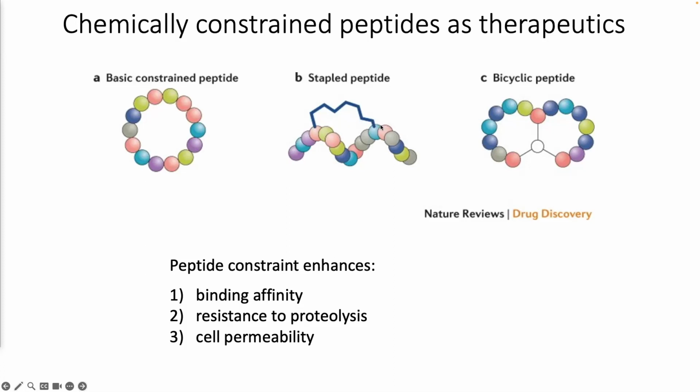And as well as being used to enhance the peptide's affinity for its target, peptide stapling has a number of other advantages. It increases the peptide's resistance to proteolysis, and this is, of course, very important if it's going to be used as a drug. And it can make peptides cell permeable, and that's very important where you have an intracellular target, of which UCHL3 is an example. And a number of these constrained peptides are in clinical trials or in the clinic currently.